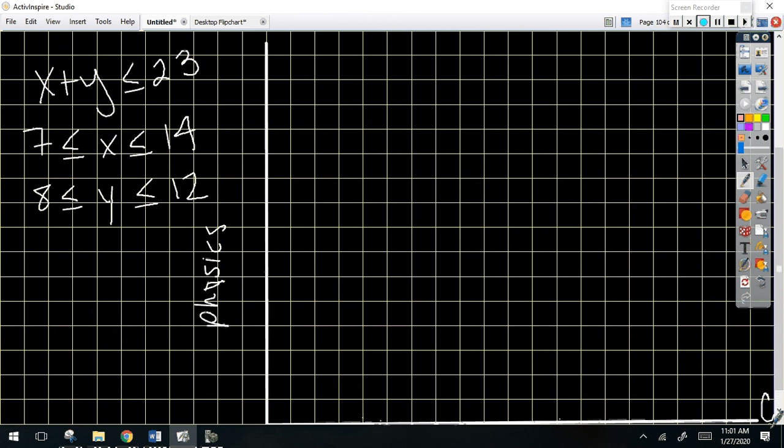I'm going to redo it. How far down? What I'm looking at is, because this is in standard form, my X and my Y intercepts are both 23. I'm going to go by 2s so I don't have to redo my graph.